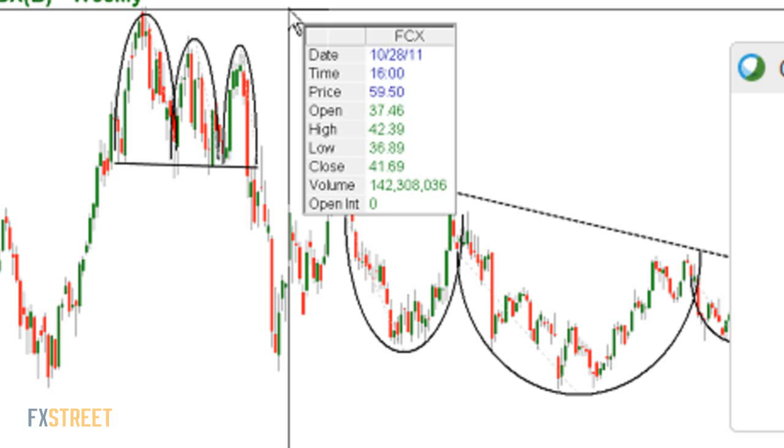You could also make the argument that the price came up into it. You really can't make a clear argument that there was a huge downward move prior to that formation. But I can certainly make that argument here. You're going to lose 2/3 of the value, perhaps 3/4.